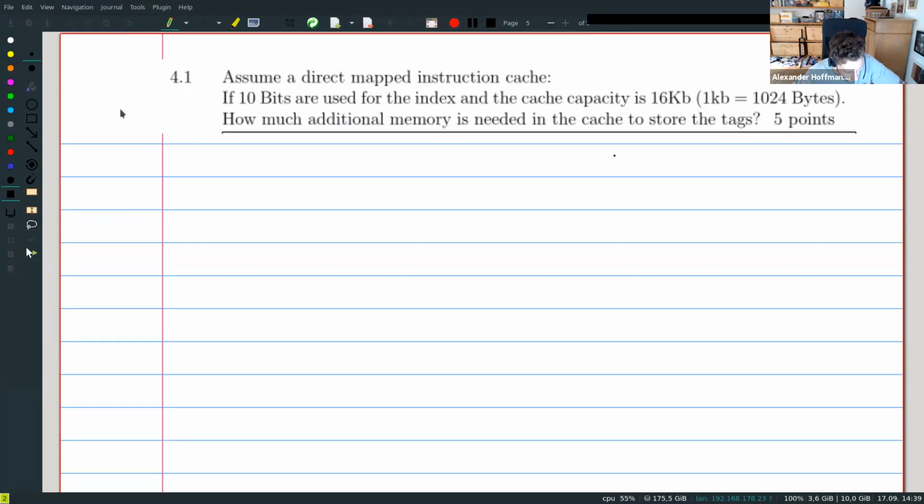Well, let's have a look. If 10 bits are used for the index and the cache capacity is 16 kilobytes, how much additional memory is in the cache to store the tags?